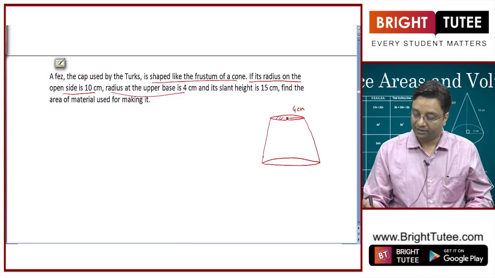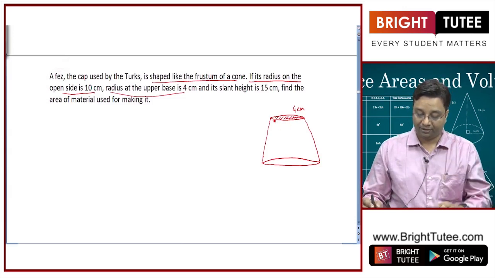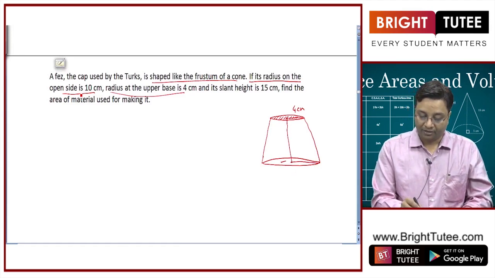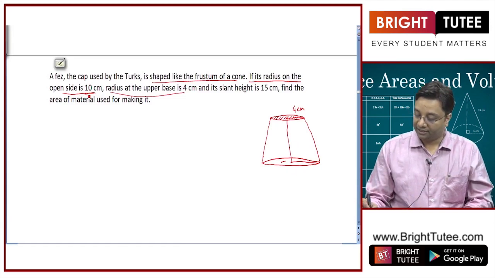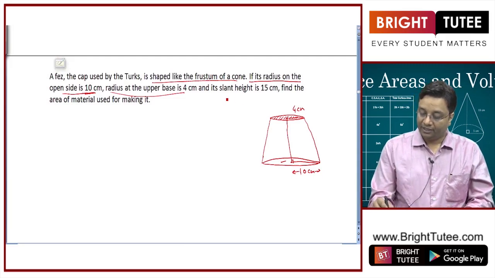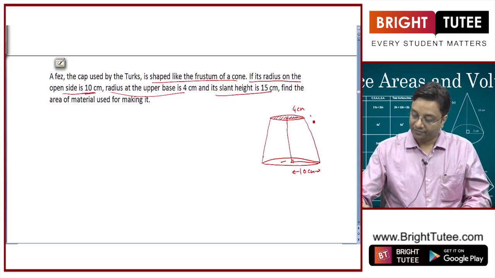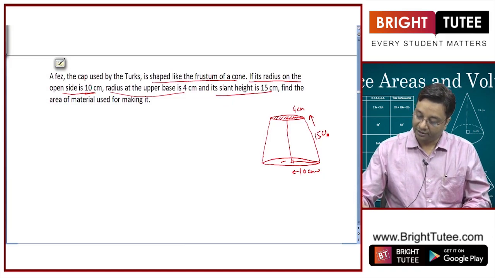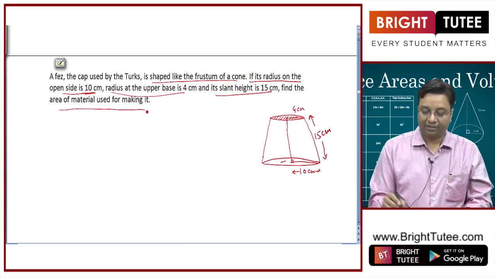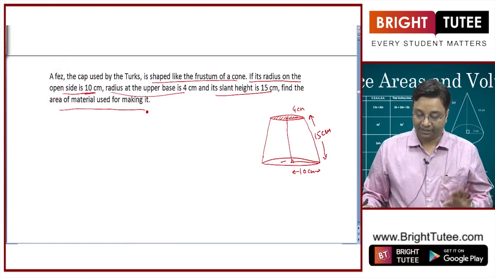Obviously this upper base is closed because this is a cap and this one is an open face, and this open side has got radius as 10 centimeter. Its slant height is also given, 15 centimeter. Find the area of material used for making it.